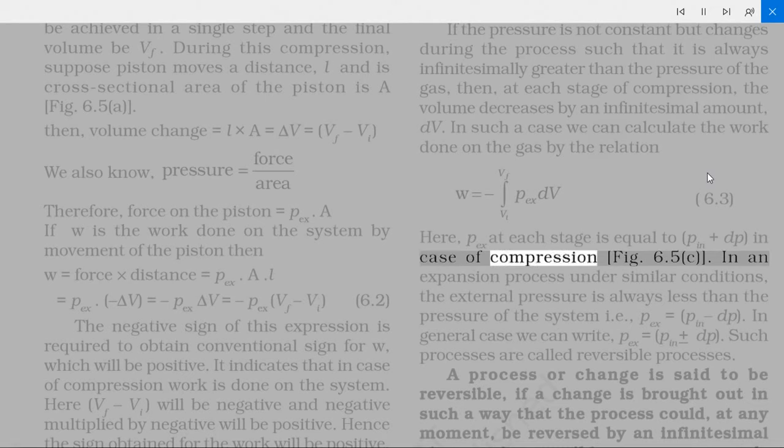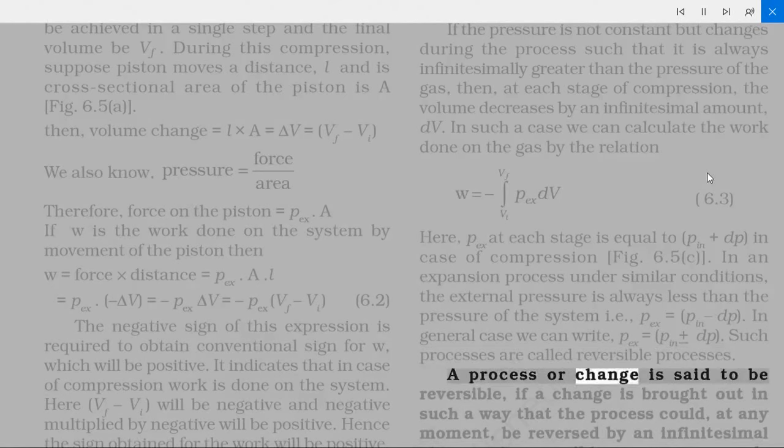This is in case of compression, Fig. 6.5 c. In an expansion process under similar conditions, the external pressure is always less than the pressure of the system, i.e., Pex is equal to Pin minus dP. In general case we can write Pex is equal to Pin plus dP. Such processes are called reversible processes.